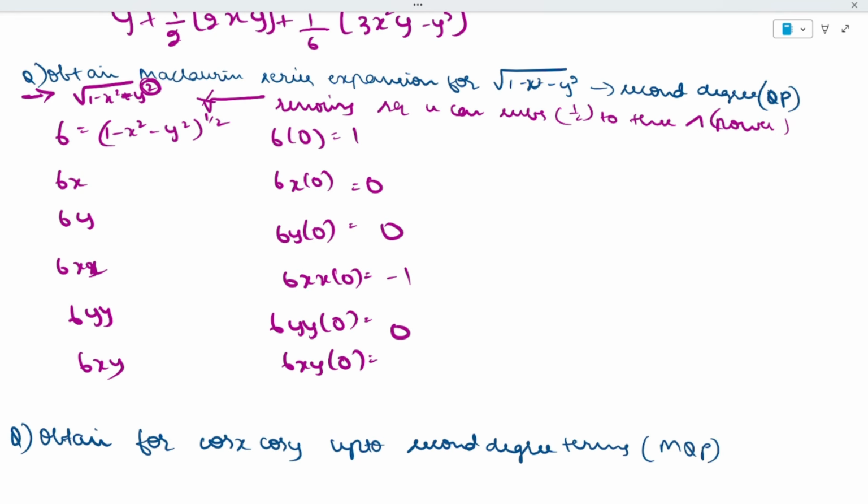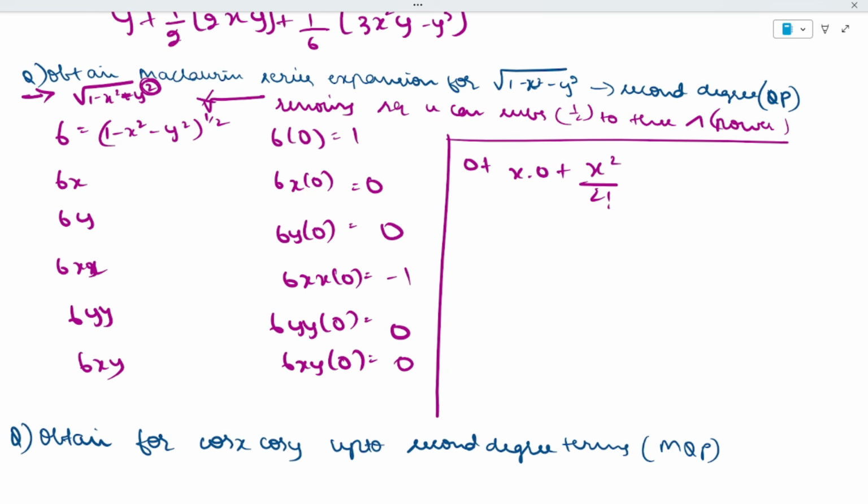Next, if you substitute in the formula, first you have to substitute 0. 0 plus x into 0 plus x square divided by 2 factorial into 1 plus x cube divided by 3 factorial into 0, that will be 0, plus x power 4 divided by 4 factorial into 2.